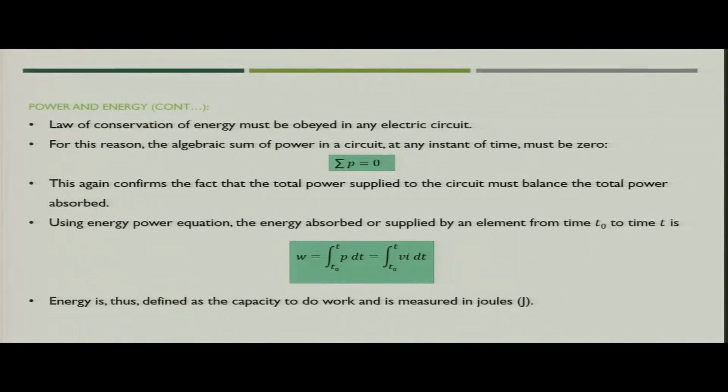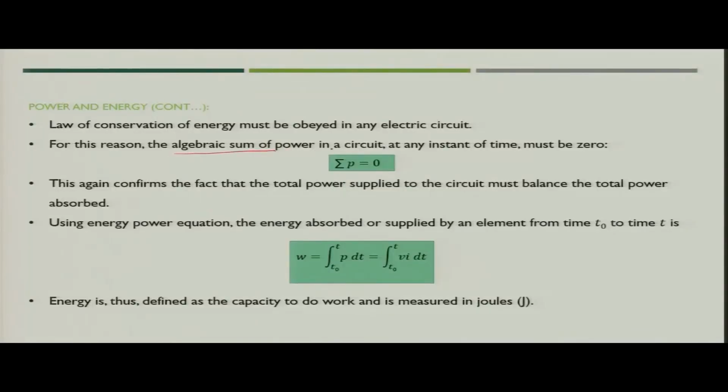Now, this particular aspect will follow the law of conservation. It means that one should supply the power, another should consume the power, and for this reason the algebraic sum of power in a circuit will always be 0.